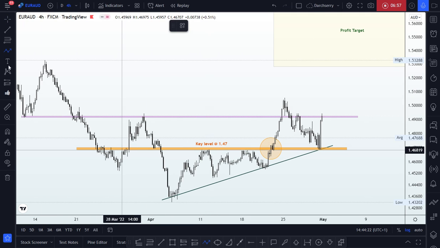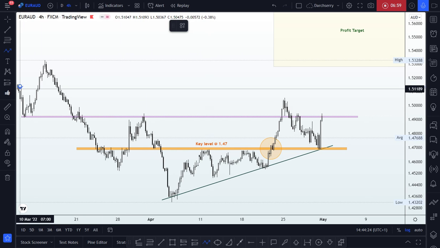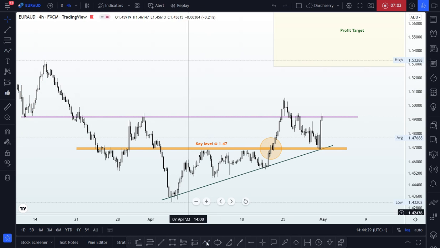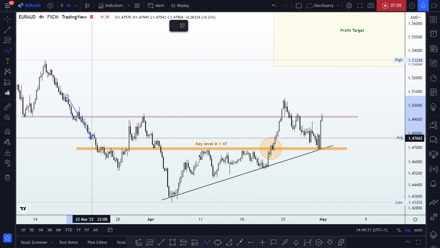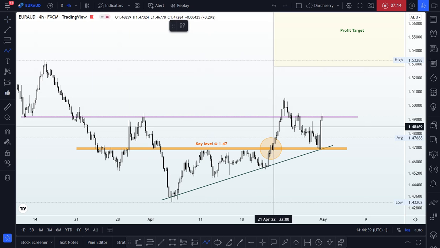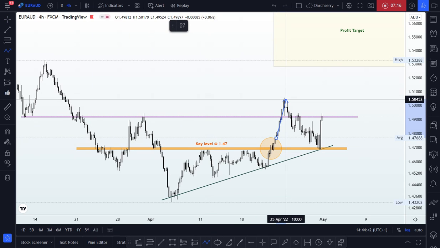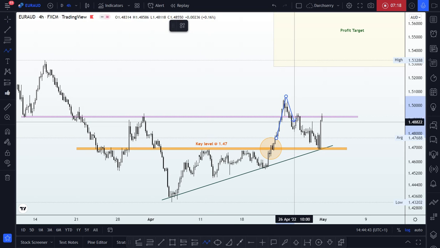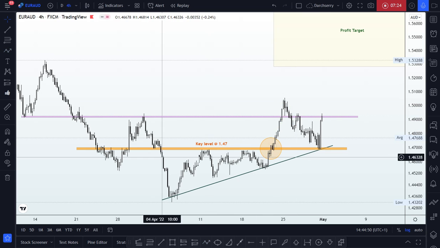We've seen in the past how this level has been a good support level here, and then we saw a breakdown of that level here, and then we saw a rejection of that level becoming a resistance at this point, and as well we saw a breakout of that level, which is a signal that the bulls are actually coming in strong on this one.